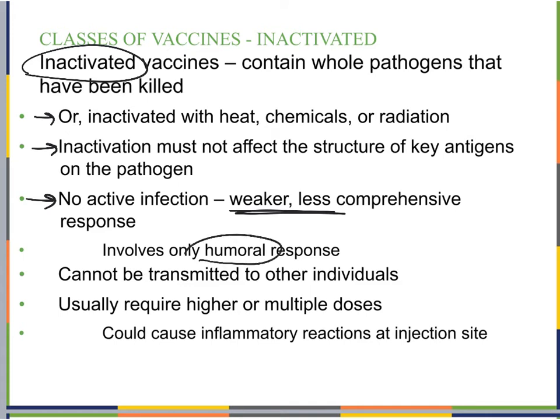It only involves the humoral response because it's dead. It can't attach to anything and get itself into the cells in order to activate the cellular response. So it's only going to activate our B cells and our antibodies. So we get a less comprehensive response because it doesn't include those T cells.